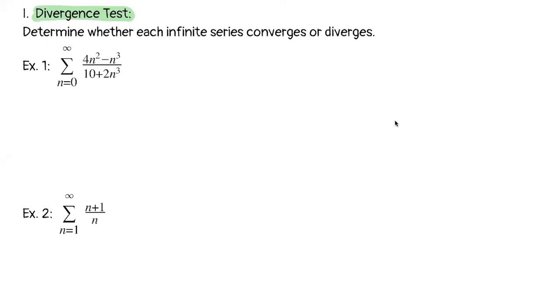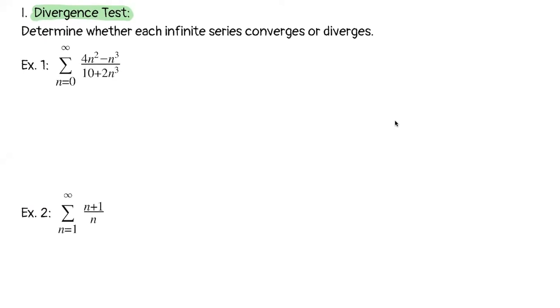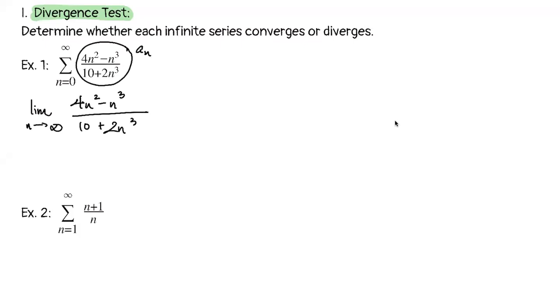And so what we're going to do is apply this divergence test by taking the limit as n approaches infinity of our a sub n. So this right here is our a sub n. So we're going to take the limit as n approaches infinity of (4n squared minus n cubed) over (10 plus 2n cubed).